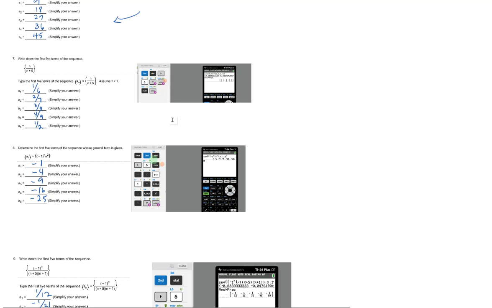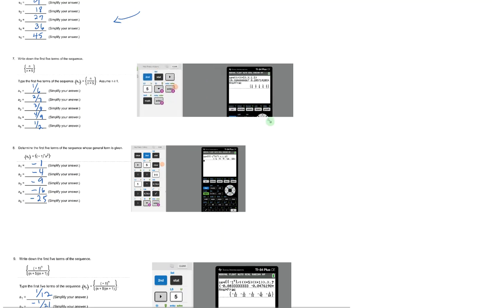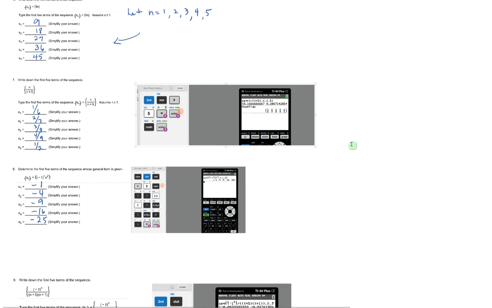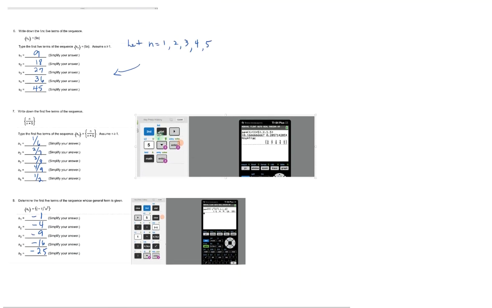So let's look at the screen here. Let me make that a little bigger for a minute. So we did second stat, the keystrokes are here, and then we chose 5 for sequence and enter, and then you're going to put in the function, which is x over x plus 5, comma x, comma 1, comma 5, and you're going to hit enter, and it gave you this business.